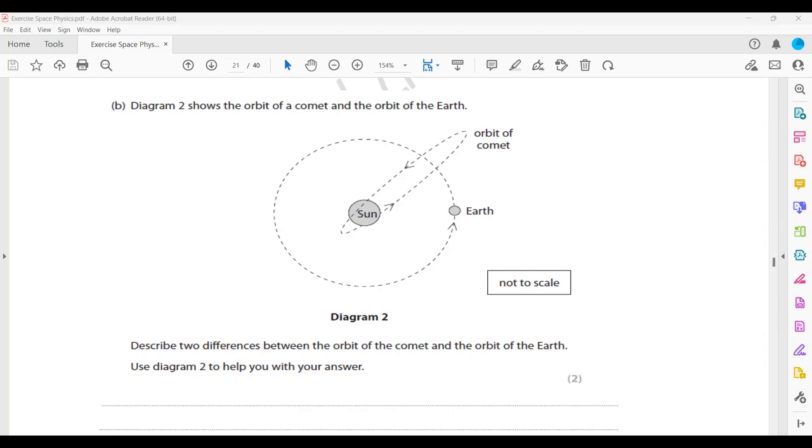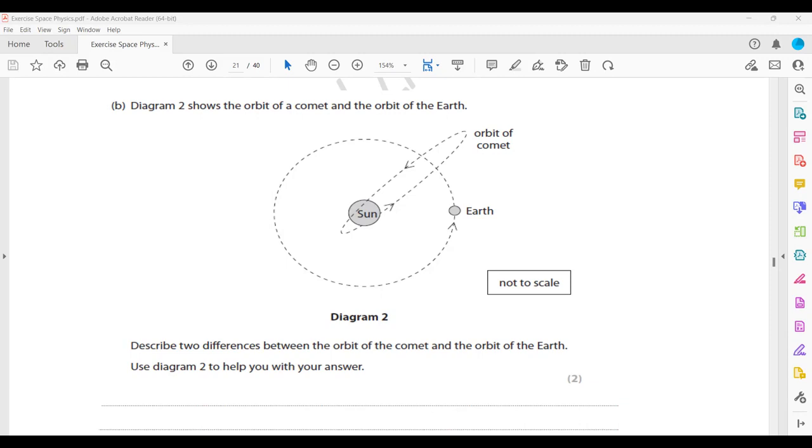So the orbit of the comet is elliptical, the orbit of the Earth is circular, that's good. That is one thing. And then the second point: they will have different path lengths, you can see the length of the orbit is also different.